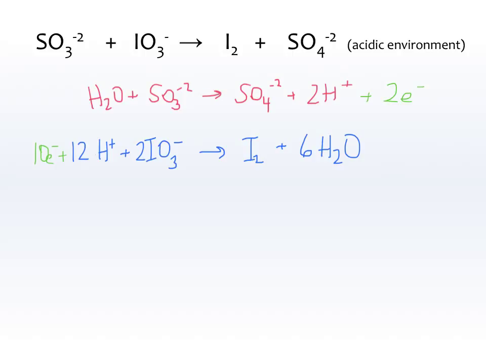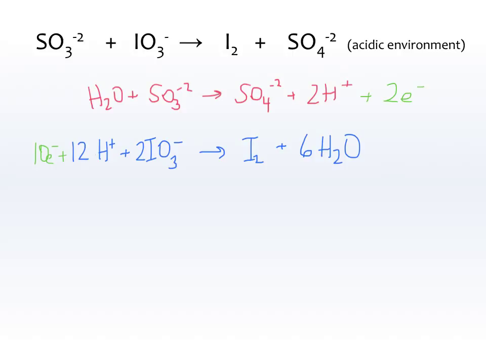So next thing is to multiply whichever reaction in order to get the electrons to cancel. So the top reaction is going to multiply by 5. If I multiply the top reaction by 5, I'll get 10 electrons to cancel with my 10 electrons, and all will be well. So let me distribute that 5 everywhere I can find a place to do so.